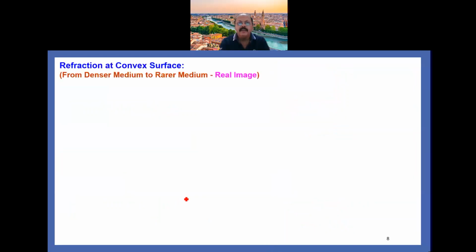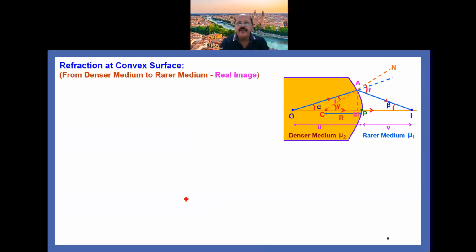Now the refraction at convex surface from denser to rarer medium for the real image. Then you see here in the ray diagram, object is placed in denser medium. You see here, and in the same way, apply the same concept.